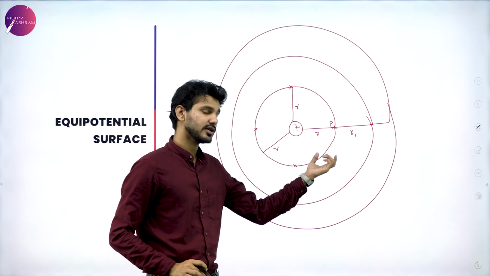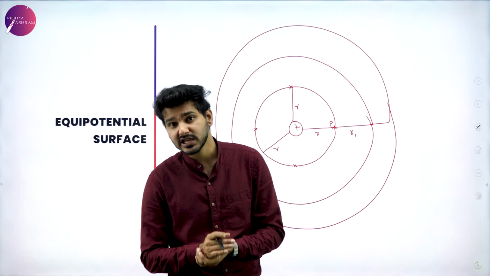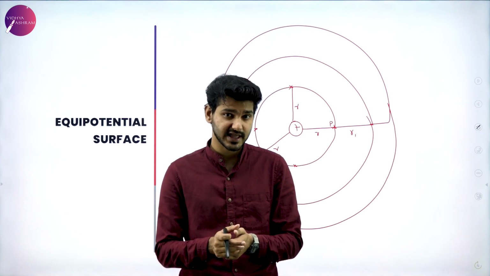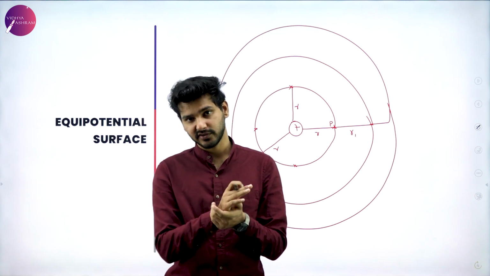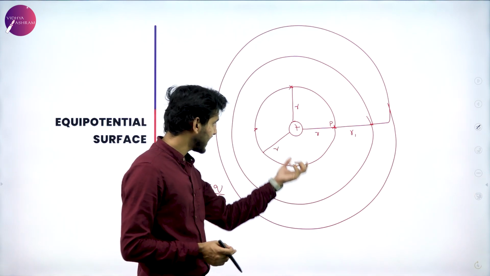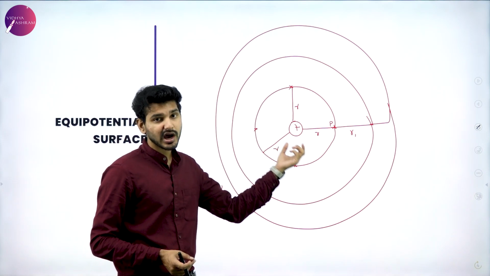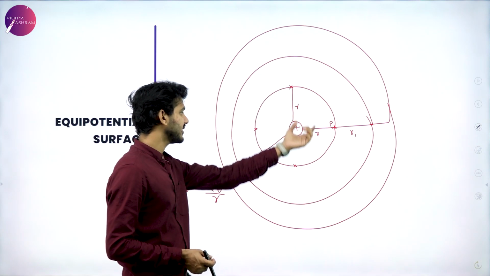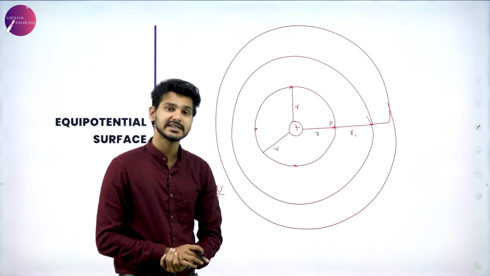Since R is not changing, V will also not change. So an equipotential surface means a surface which has equal potential everywhere. In the case of a point charge, as we move radially outwards, the potential will be the same at particular R distances away. So if the R is the same, the potential of that particular point will be the same.